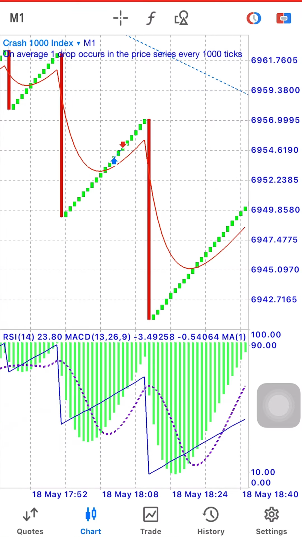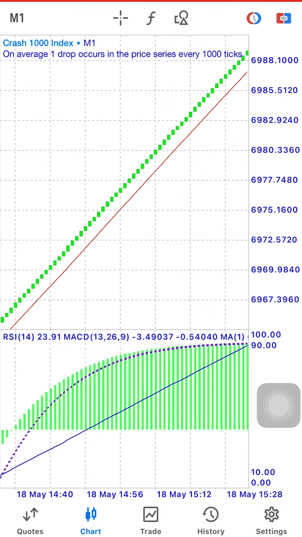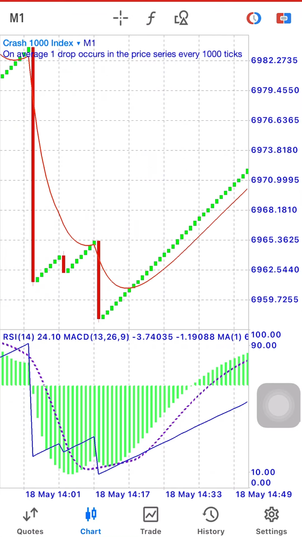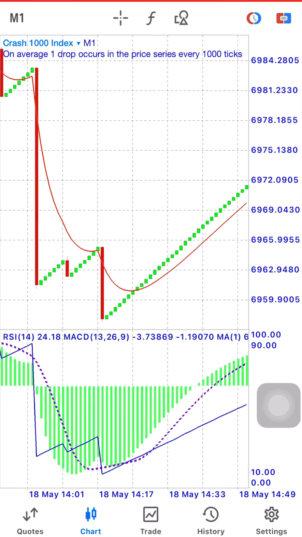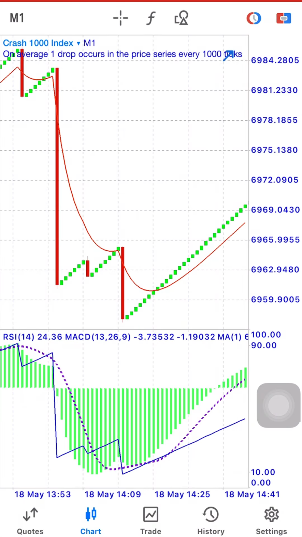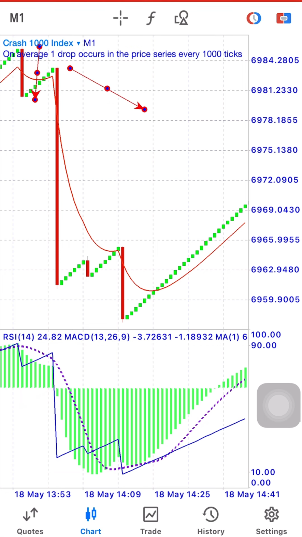Let me show you what a breakout is. Look at this. Market got here, a pullback. Okay, here a pullback, this place. It got here, which is this point, a pullback.